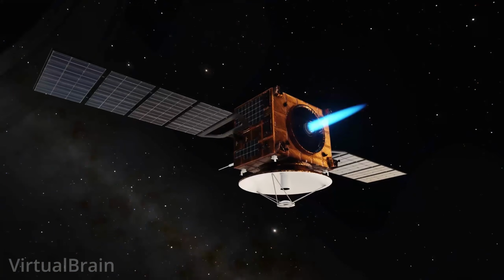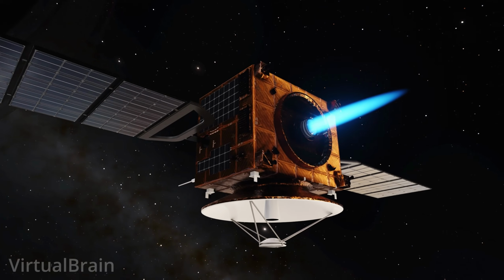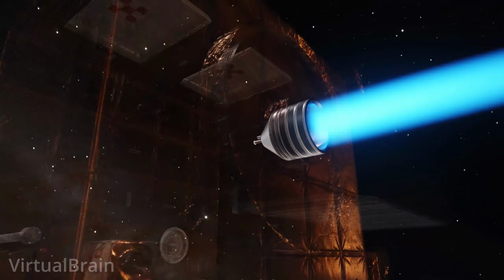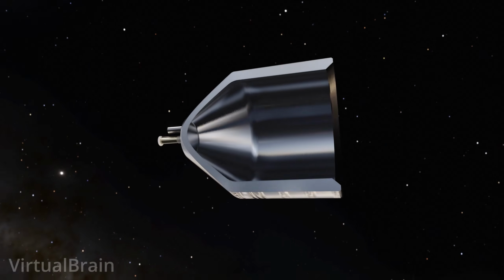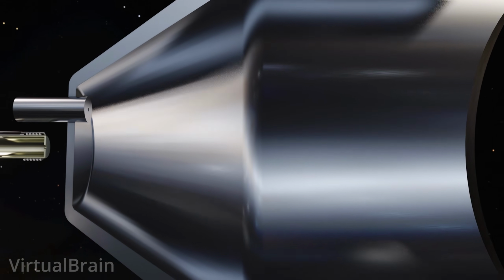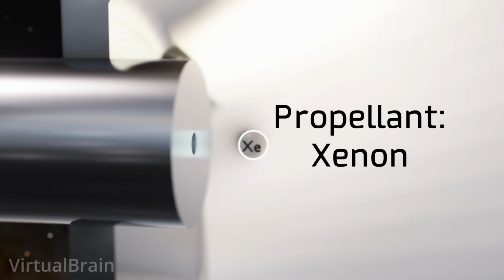Getting that out of the way, let's look at how to build an ion thruster and the effect each of its components has. The first element we will need is a container with an open end and a closed end. To this we will add an inlet at the closed end, through which we will introduce a gas such as xenon, which is a noble gas.